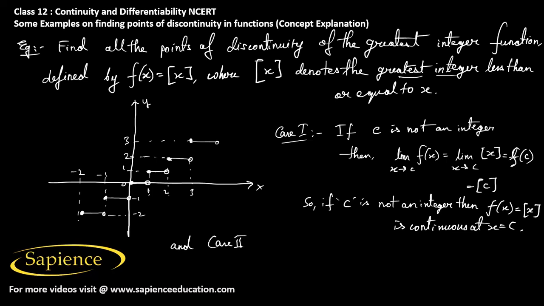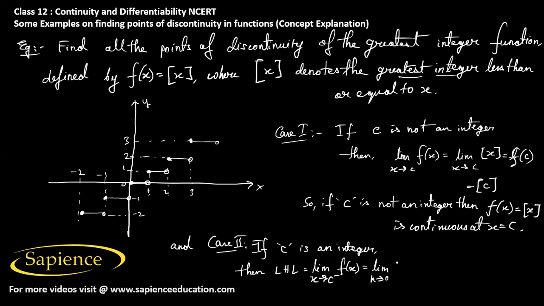And then case 2 is that if c is an integer, then the left hand limit at x equal to c, that will be limit x tends to c minus f of x, which is equal to limit h tends to 0 bracket c minus h, so slightly less than c, so it will come c minus 1.